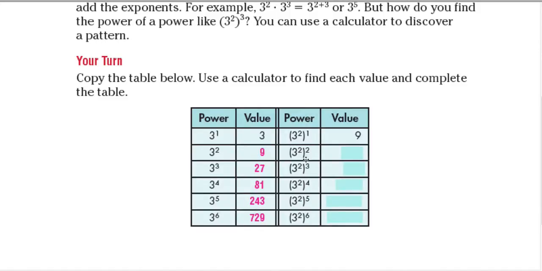This column right here, and you have 3 squared raised to the 1st power, that is equal to 9. Okay, 3 squared raised to the 2nd power, that will be 81. 3 squared raised to the 3rd power, 729. 3 squared raised to the 4th power, 6,561. 3 squared raised to the 5th power is 59,049, and 3 squared raised to the 6th power is 531,441.